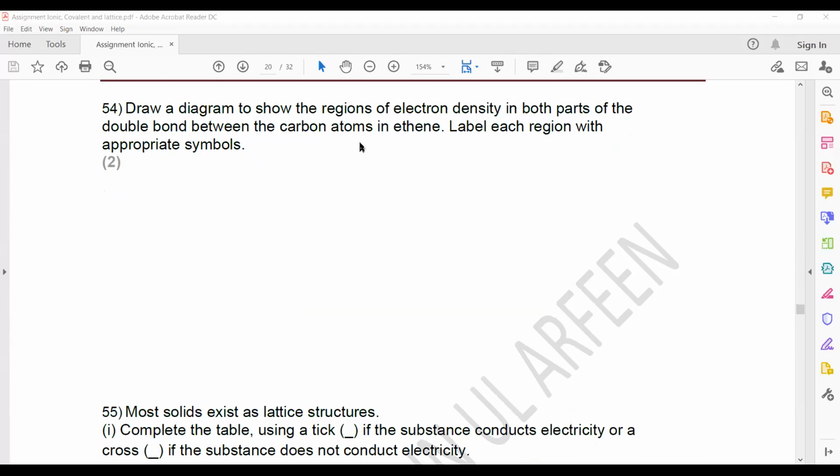Now, draw a diagram to show electron density in both parts of the double bond between the carbon atoms of ethene, and label each region with the appropriate symbol. So we have to draw an electron density map for the carbon-carbon double bond in ethene. So we represent only the carbon-carbon double bond.